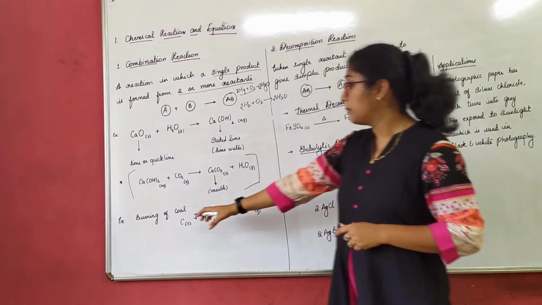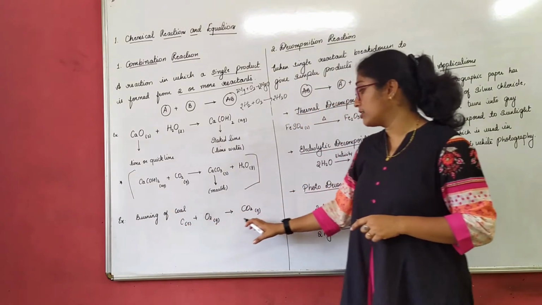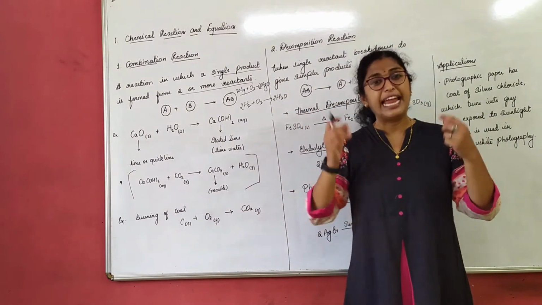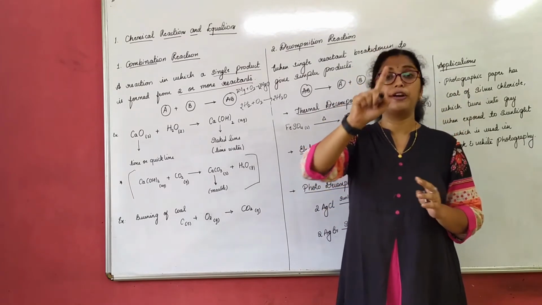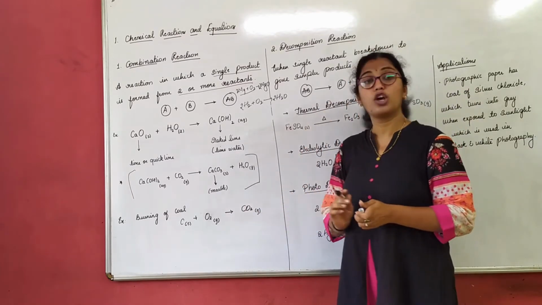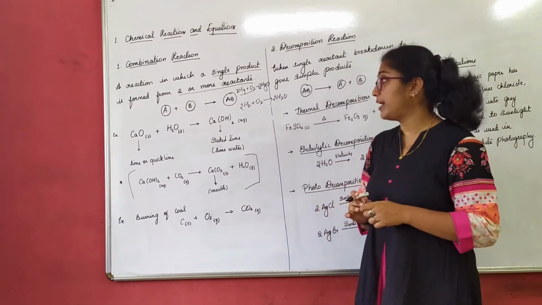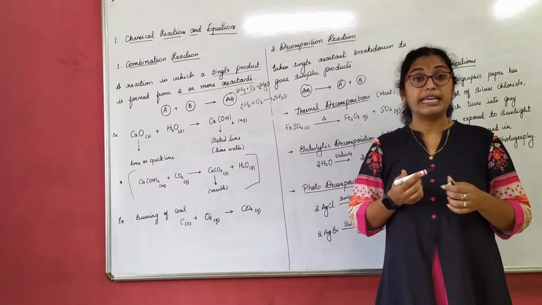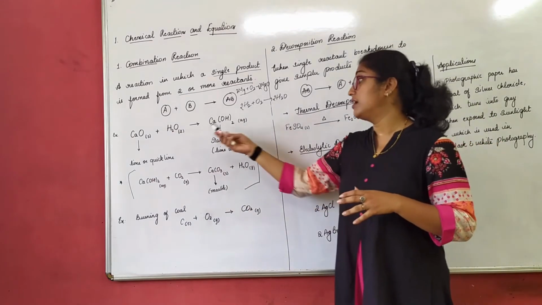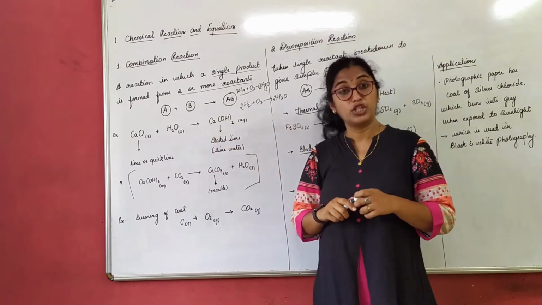I have written here, burning of coal, carbon and oxygen gives you carbon dioxide. If any two reactants are combining and forming one product, that is an example of combination reaction, right? Now, this is what I have explained about calcium oxide mixed with water giving you calcium hydroxide.